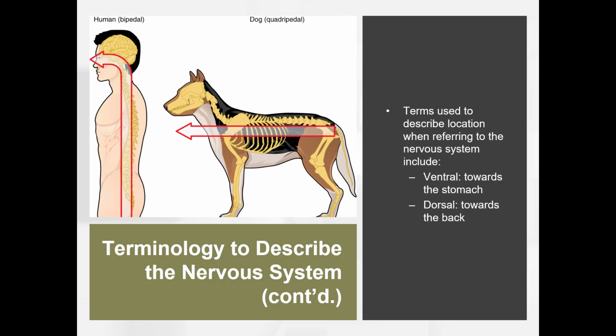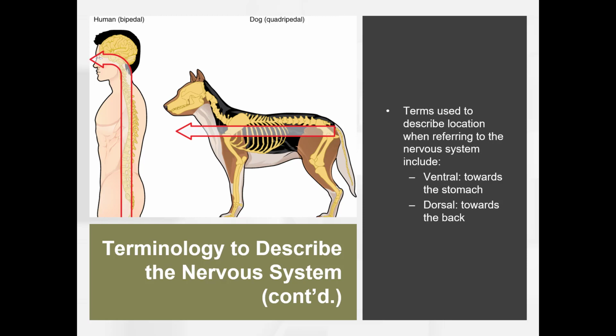If you look here, you'll see that the dorsal part of the dog, the back part of the dog, also matches the top of the head of the dog. And the stomach, the ventral part, is not only towards the stomach, but also towards the bottom. So in many animals, dorsal and ventral are going to refer to the top of the head or the bottom of the head.